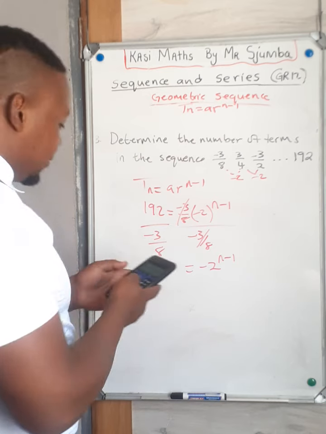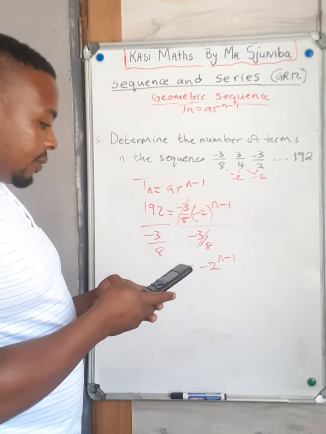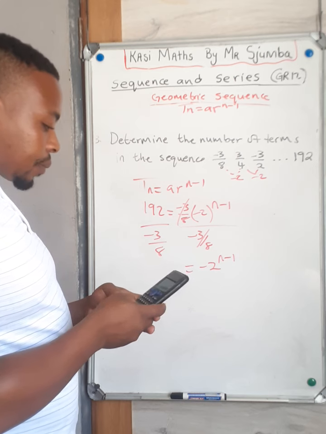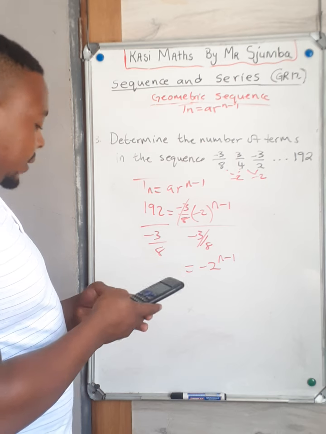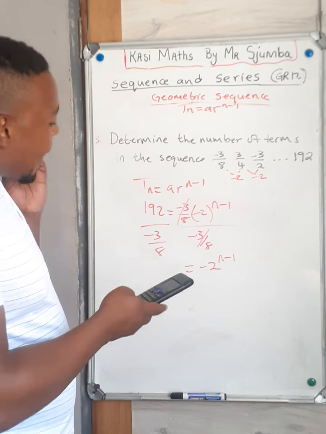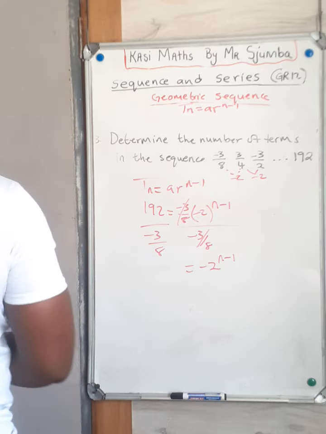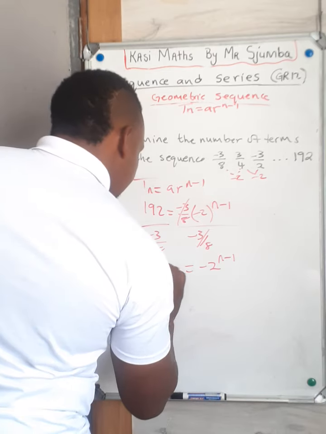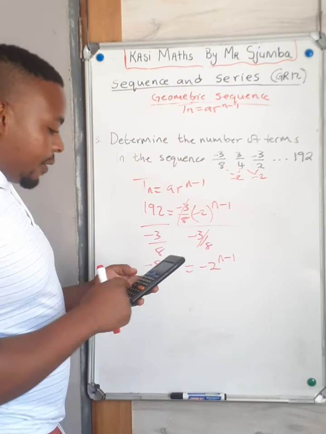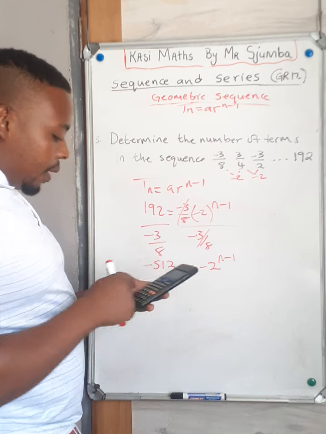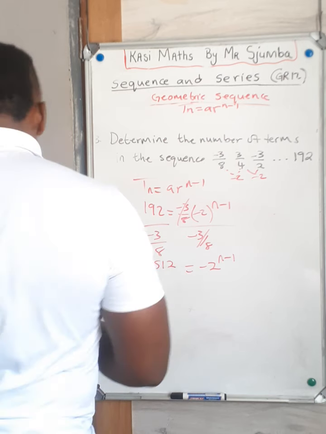So let me divide this side: 192 divided by negative 3 over 8. So we have negative 512. Then we should change 512 to base 2. 512 is 2 raised to 9.